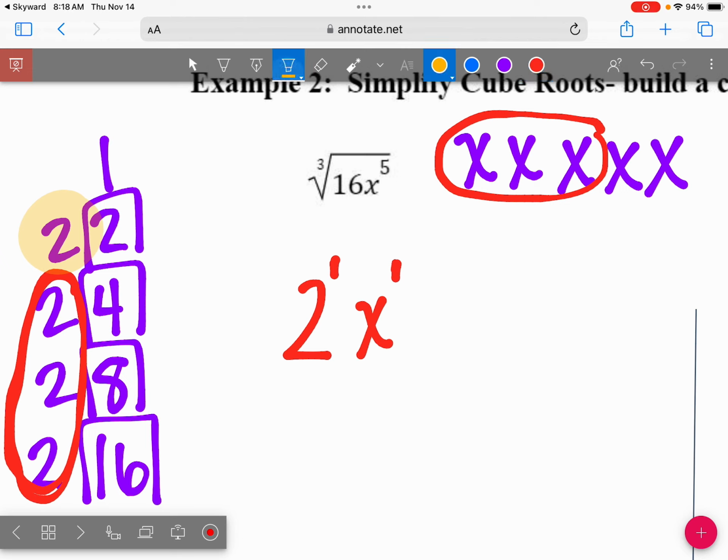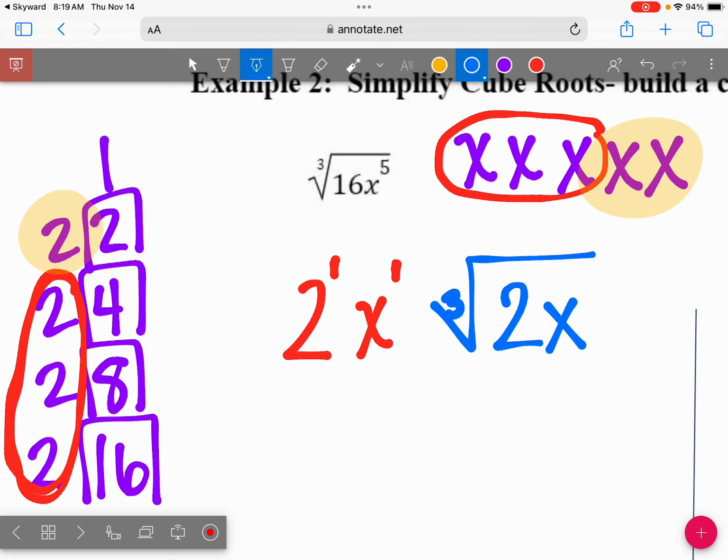There's one group. 2 have to stay in the house. So let's go ahead and make our radical. Make sure you put that 3 in the elbow though. So we have a 2 that's left out, and we have x squared. And that would be your final answer.